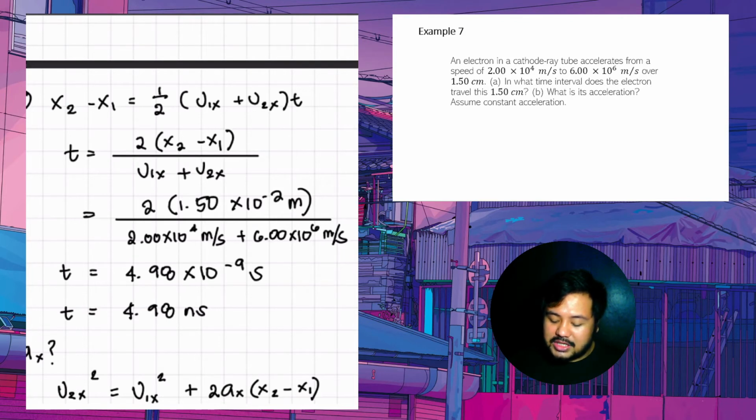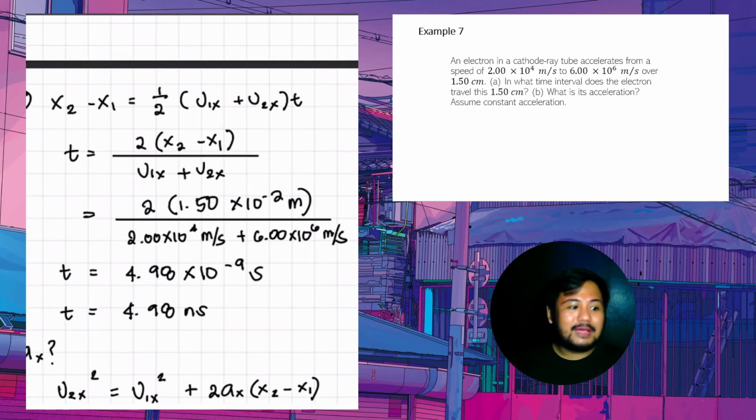So it will reach this distance at t equal to 4.98 times 10 raised to negative 9 seconds, or that is 4.98 nanoseconds. See, that's a very, very fast particle. It's moving at a very, very fast rate.